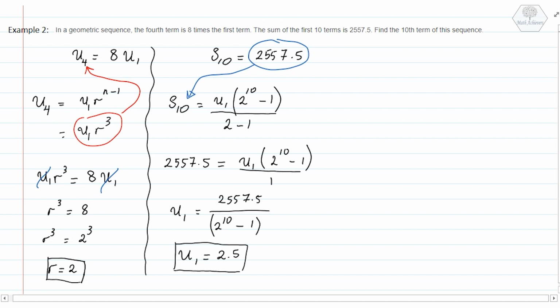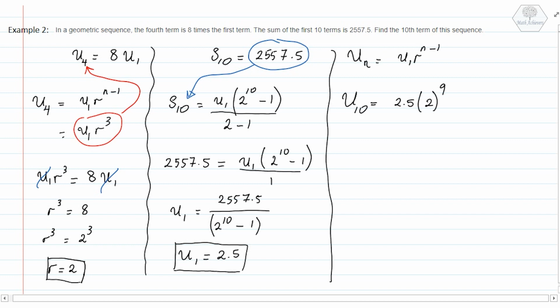Now, after knowing the first term and the common ratio, I can find the 10th term. Because for a geometrical sequence, we've said that un is equal to u1 times r to the power of n minus 1. So u10 is equal to u1, which is 2.5, times r, which is 2, to the power of 9.